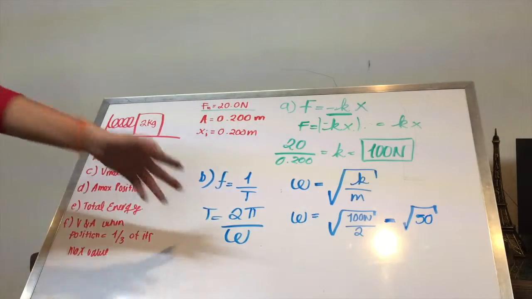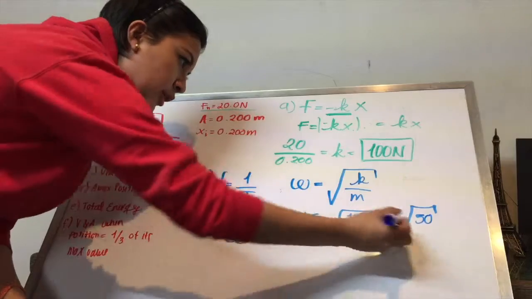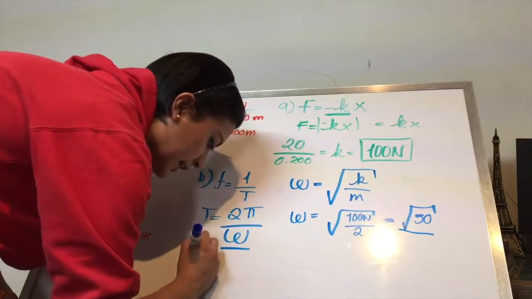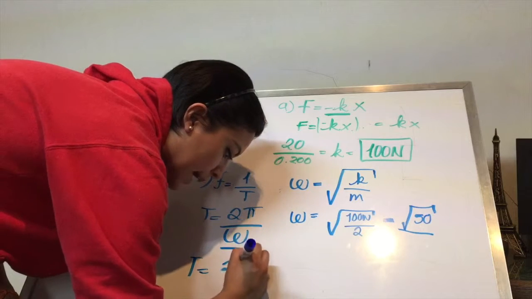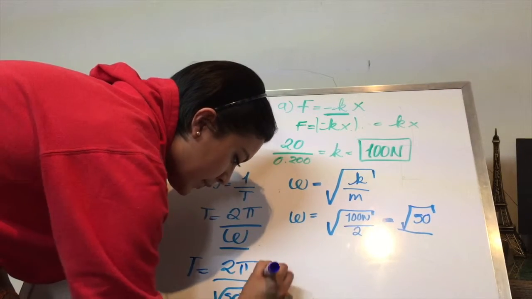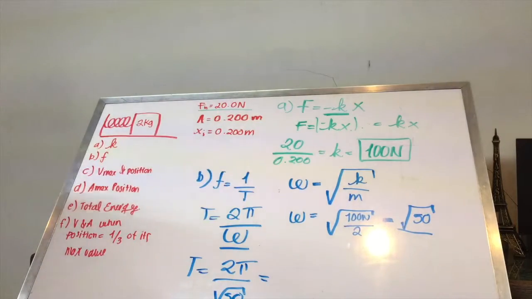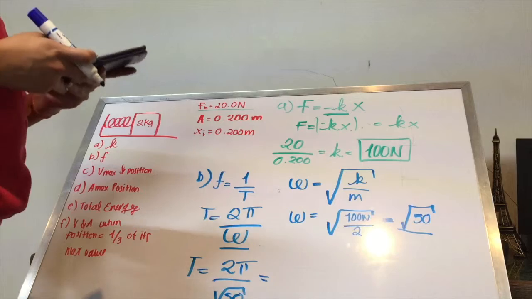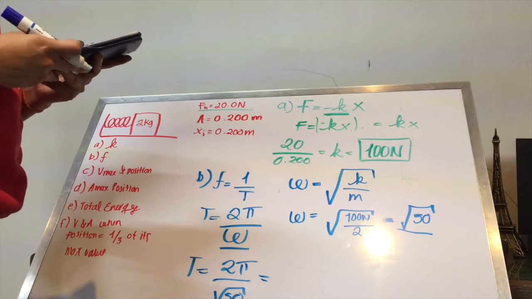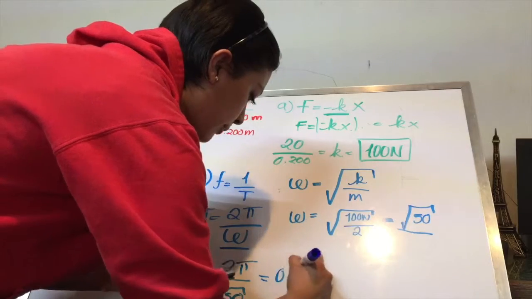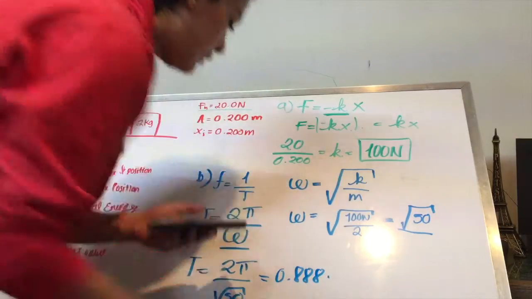Now we substitute this angular frequency, having that T equals 2 pi over the square root of 50, which is equal to 0.888.